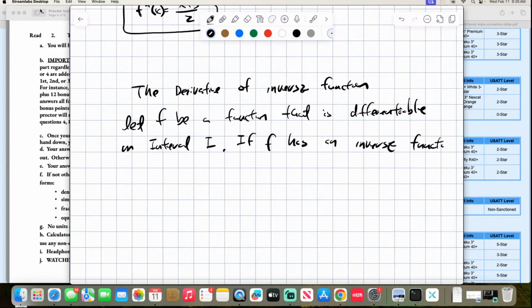Because g of 3 means I'm plugging 3 in for x, right? Now, what happened with the inverse function? This becomes the y value for the f of x. So I'll just make this 3 equal to 1/4 x to the third plus x minus 1.